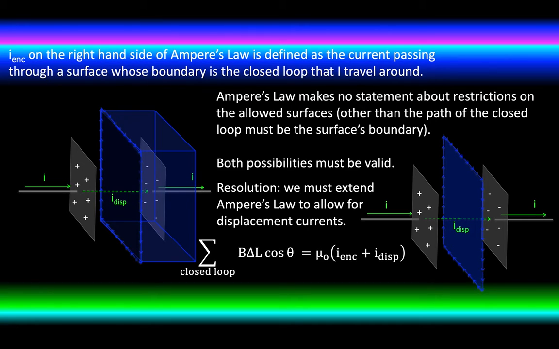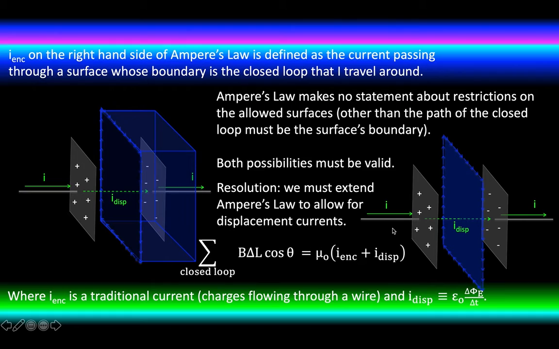So Ampere's law could be written in its fullest form as this. So B delta L cos theta around a closed loop, we're not changing anything we talked about before with the left-hand side, is equal to mu naught times I enclosed plus I displacement. And where I enclosed is a traditional current, charges flowing through a wire, I displacement is epsilon naught times the rate at which the electric flux through that surface is changing.